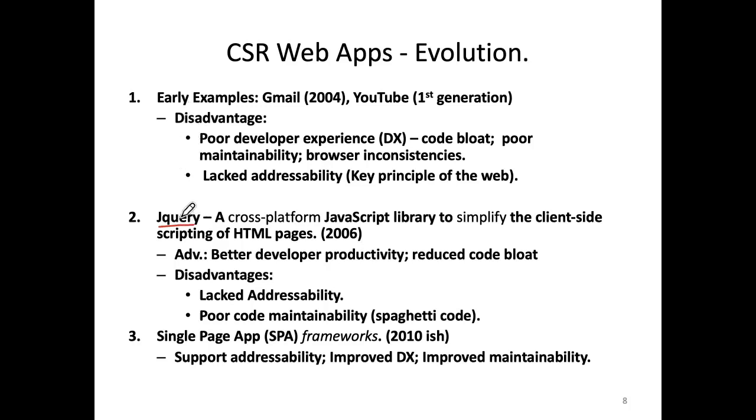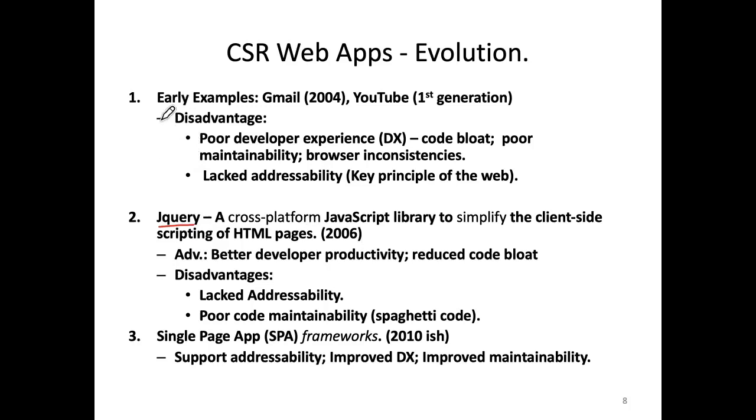So jQuery took care of an awful lot of things for standard issues like cross-browser, cross-platform-ness of our web app. We'd like our web app to run in any browser, not be specific to a browser, and that wasn't the case up here.